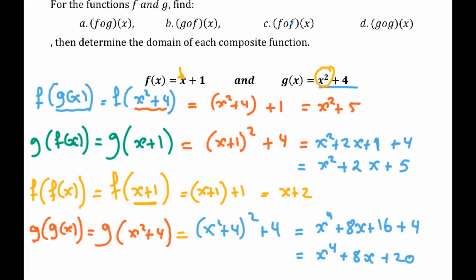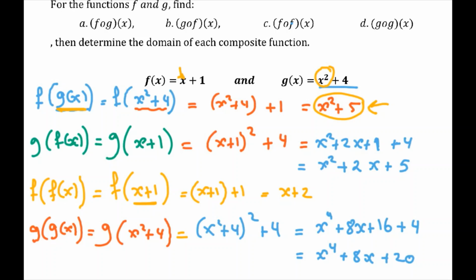Now guys, we need to find the domain of these composite functions. Well, let's think about f of g. For any number I will plug into this function, it has first to go through g(x), okay? And then f can take care of it.